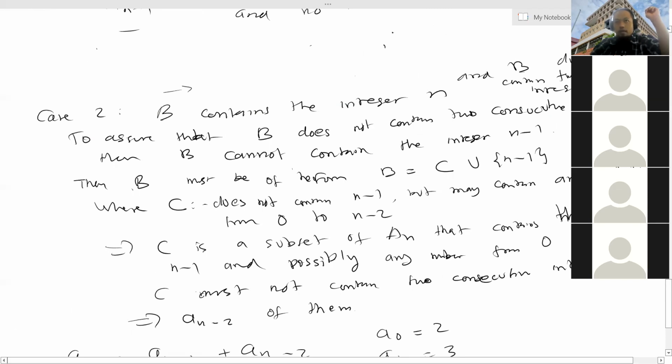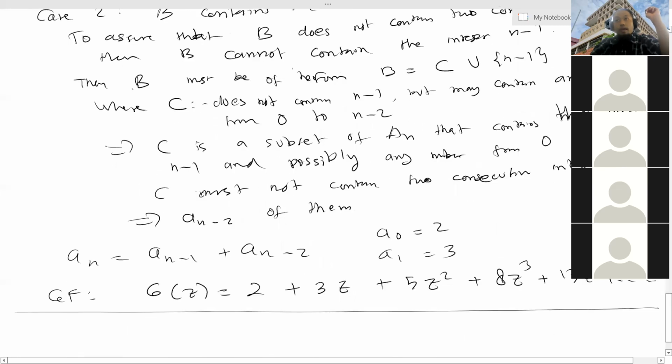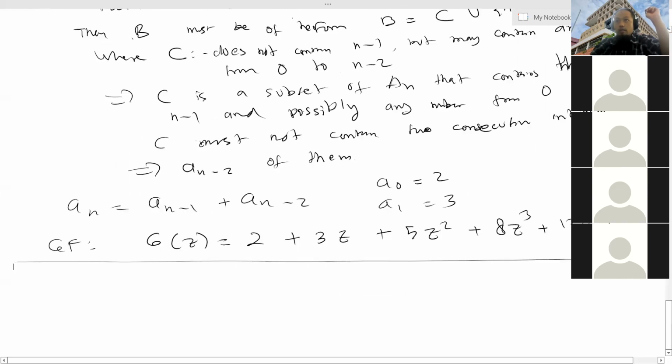In this case C does not contain n minus one, but may contain any number from 0 to n minus 2, and also C does not contain two consecutive integers, so a_{n-2}. So we have this, and any questions so far?